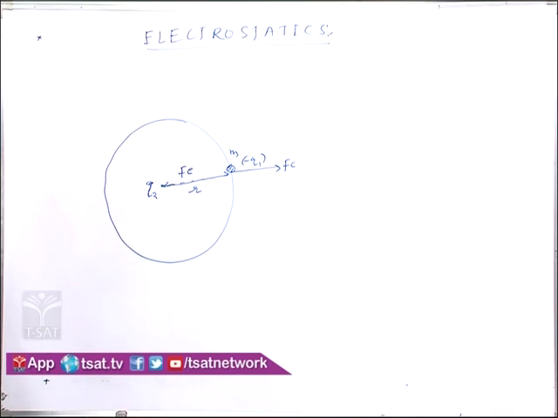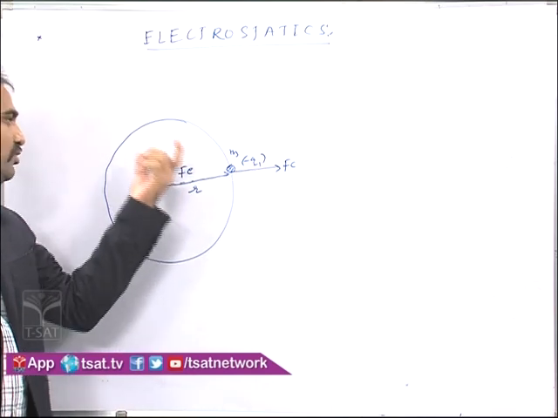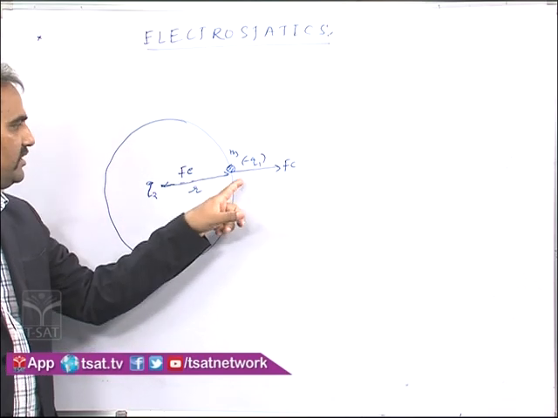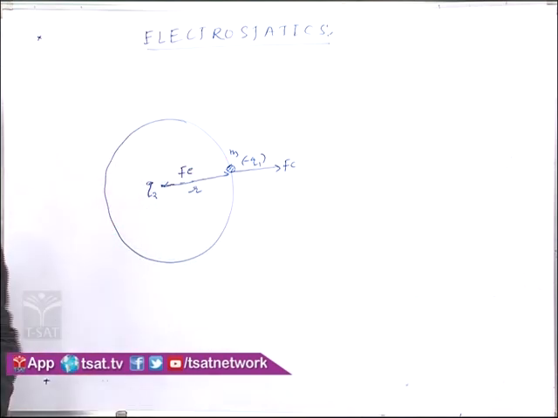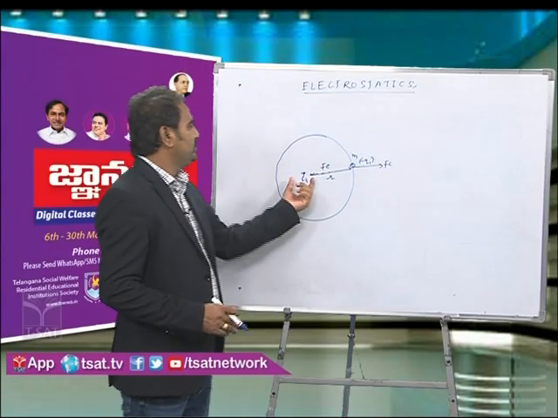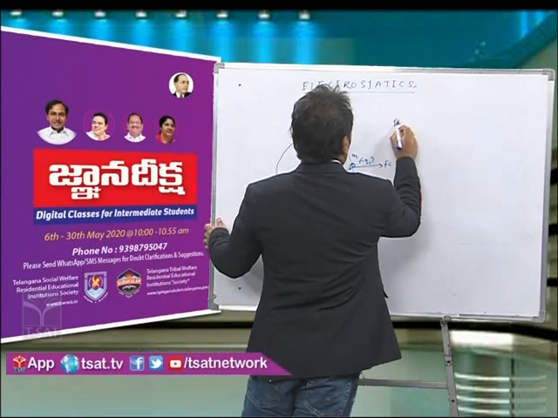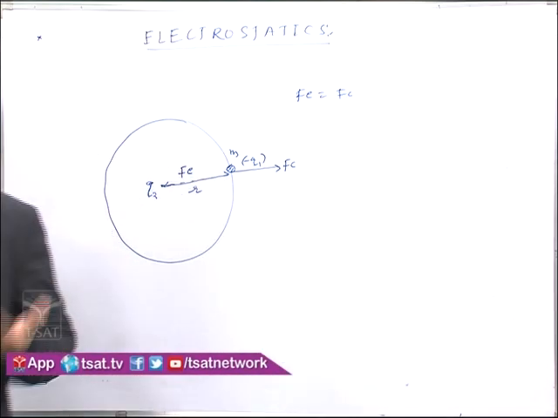When the centrifugal force is balanced by the Coulomb electrostatic force, the particle revolves in a circular path of radius r. At the equilibrium condition, these two forces are equal: Fe is equal to Fc.